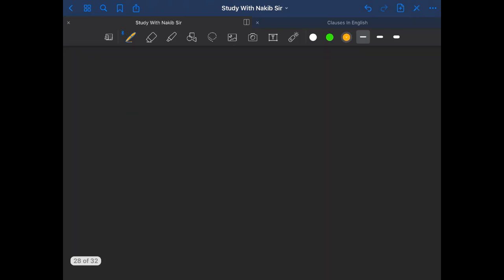But if it does not do that, if it cannot define that, it is not an adjective clause. If it gives some more information, some additional information about the antecedent, it is then a continuative relative clause. Then it won't be an adjective clause. A restrictive relative clause is called an adjective clause.